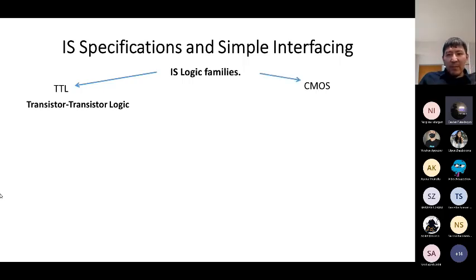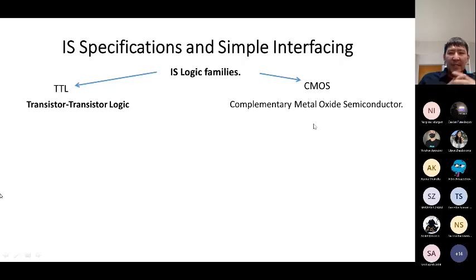And CMOS means complementary metal oxide semiconductor. It's based on another technology. Both types are very popular, but CMOS is now becoming more widespread because there are some reasons for it, and we will talk about it today.